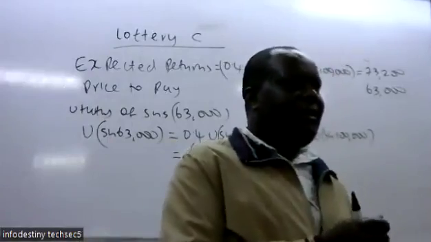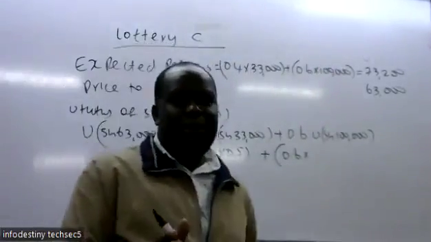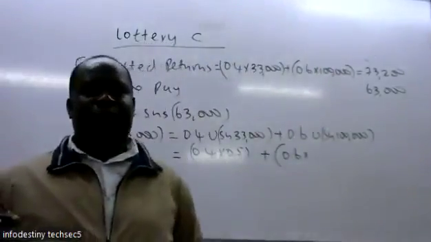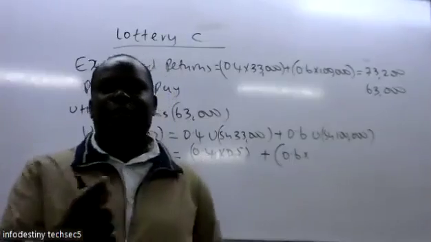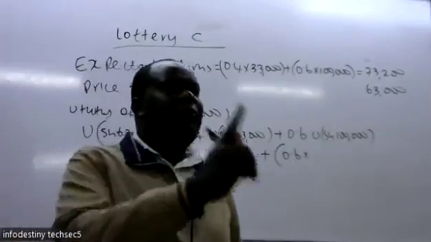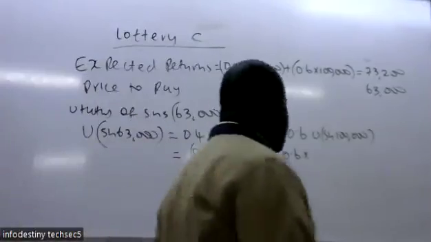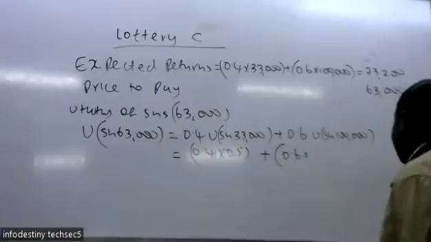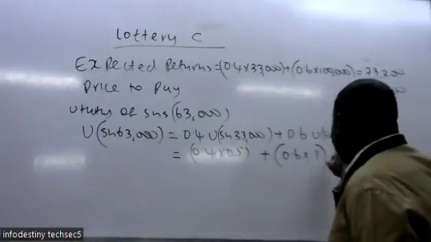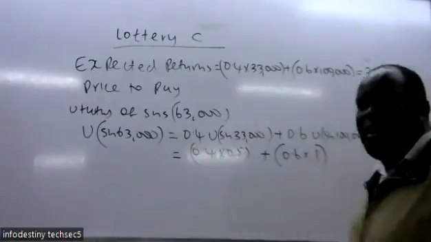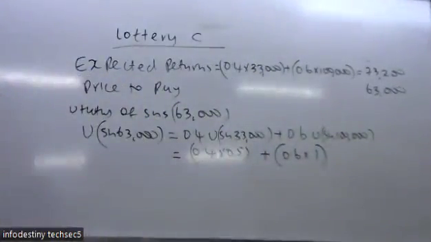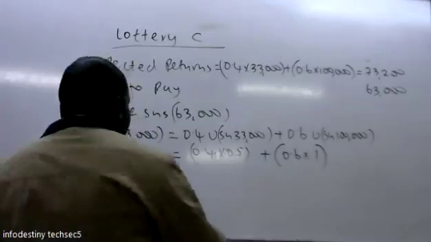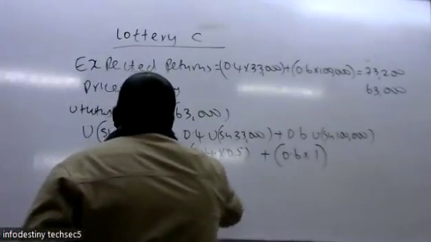Already that was an option where he got a 0. When he got a 0, he was given 1 utite. When he got 100,000, he was given 1 utite. So the same satisfaction would remain. When he receives 100, he will still get the 1 utite that we had given him earlier in lottery A.